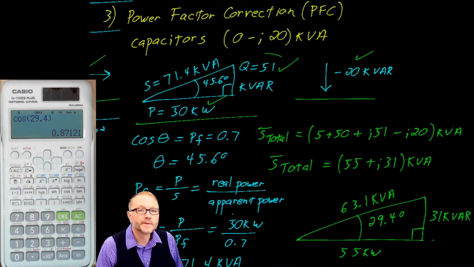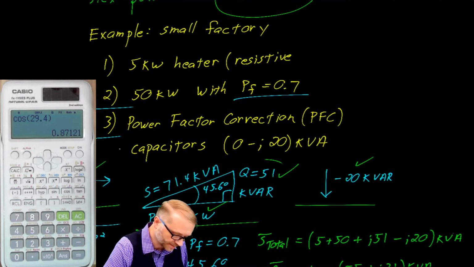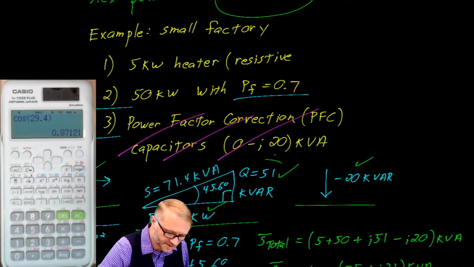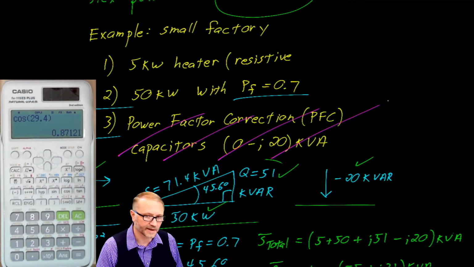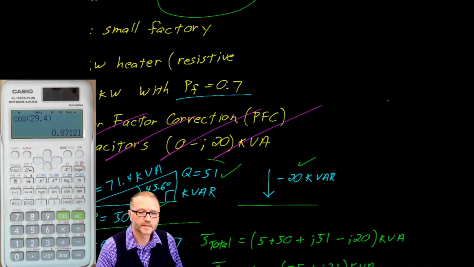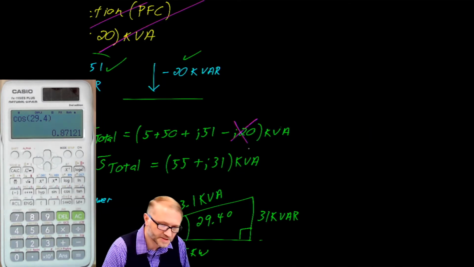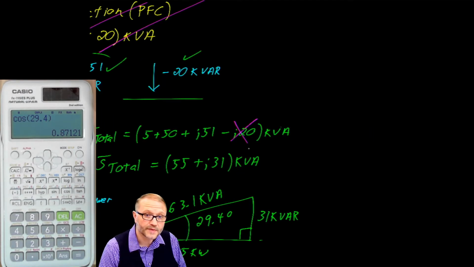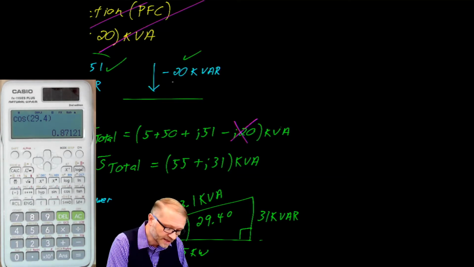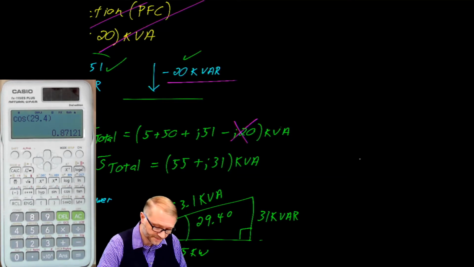What would happen if we went back and turned off the power factor correction capacitors? That would mean we took out this piece here. We removed the capacitors which were providing negative 20 kVAR.